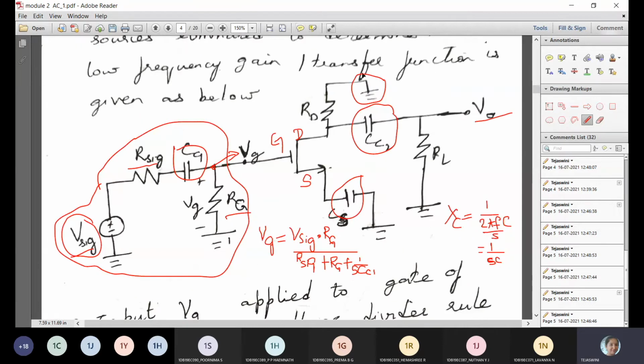Now when the DC sources are eliminated, we have grounded the drain. So it looks like your common drain amplifier. Yes or no? Input is given at the gate in a common drain amplifier. You are measuring output at the source.